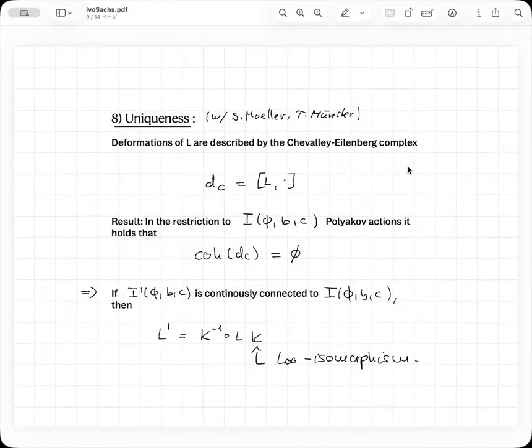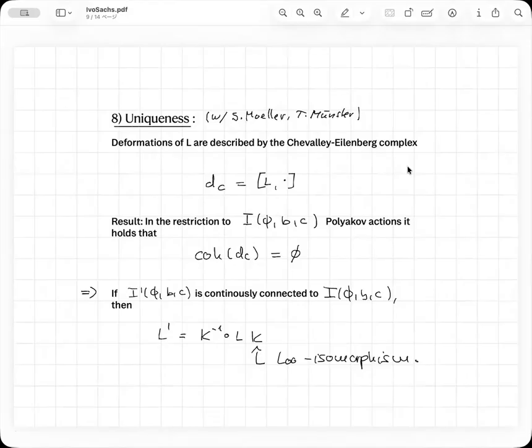Now suppose I want to deform this L-infinity algebra. I want to take a different L-infinity algebra. How do I even check if it's different or just a rewriting of the same? For this, you use deformation theory, and it's a cohomological problem. You take the Chevalley-Eilenberg, like deformations of Lie algebras. Take a Lie algebra and you want to know what is a proper deformation of it.